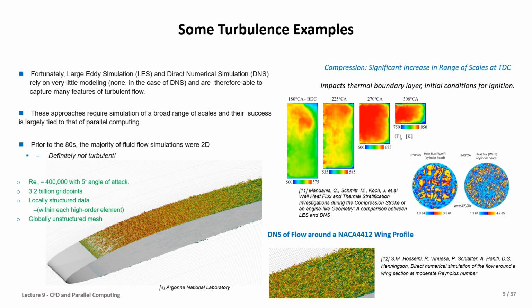In this example, as you can see, the Reynolds number is 400,000 and the angle of attack is 5. 3.2 billion grid points are created, with locally structured data and a globally unstructured mesh, which presented this great visualization of this simulation.